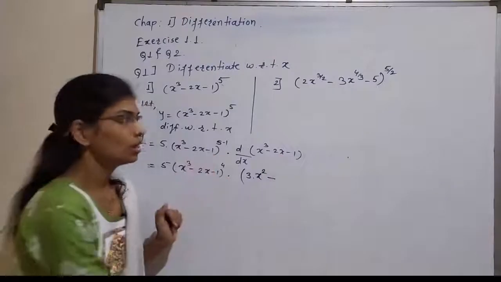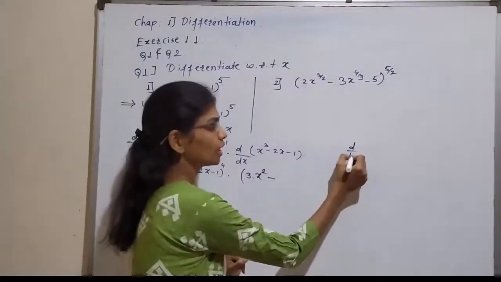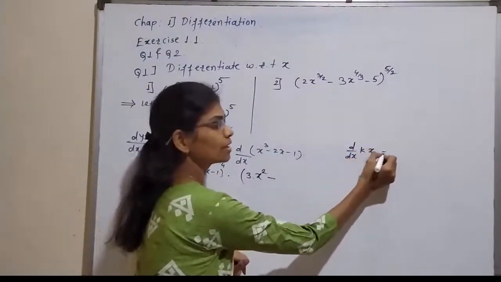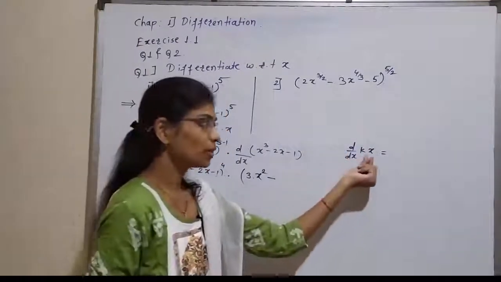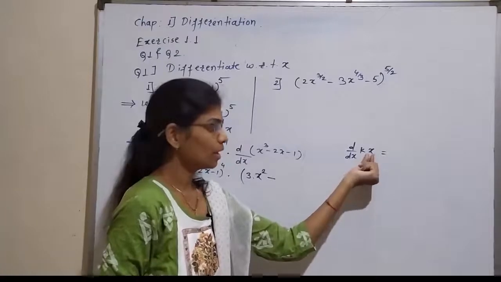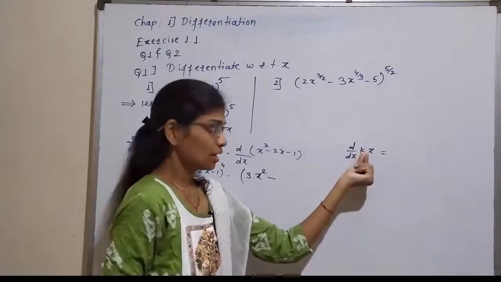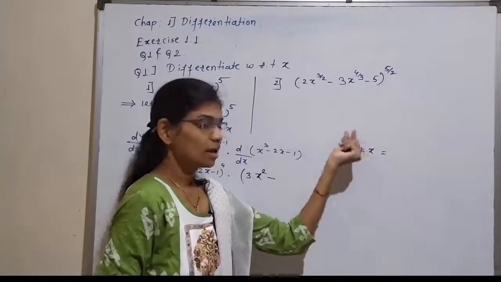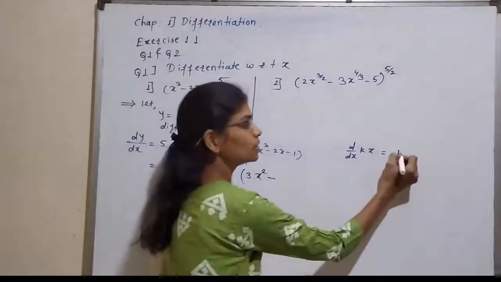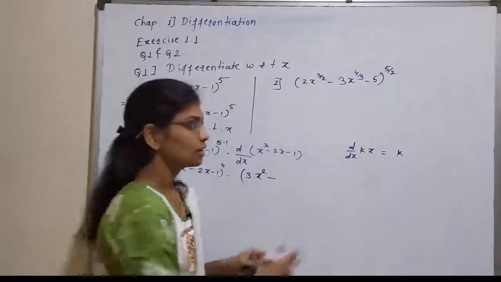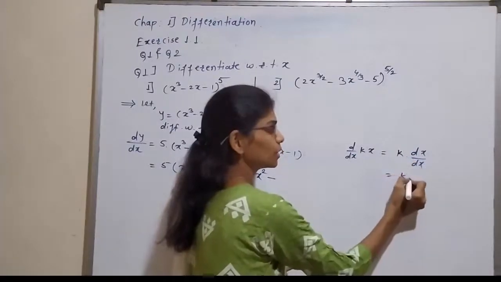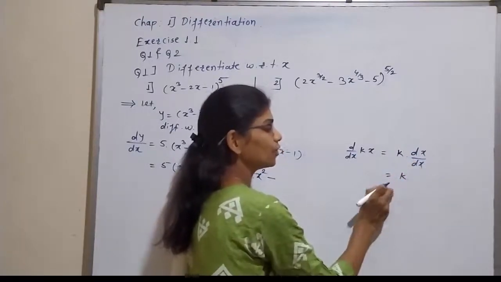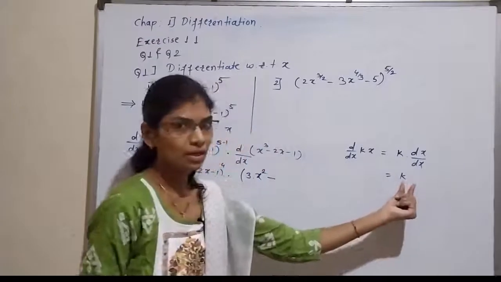We know that rule: the derivative of any constant term multiplied by x. Whenever a constant is in multiplication with the variable, we take the constant out of the derivative, it means k as it is. Then derivative of x with respect to x is equal to 1, so k multiplied by 1. Its derivative becomes only k.